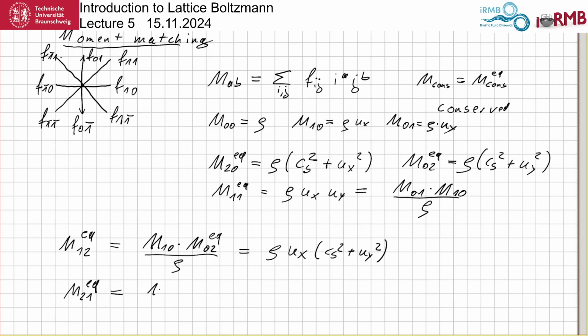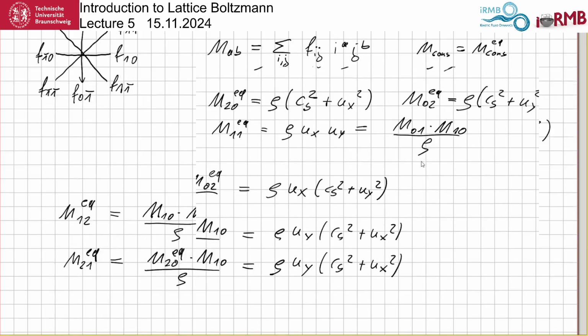Okay, so then obviously this looks like this, divided by rho. The advantage of this is that just by knowing that, you can immediately write these things down without doing these lengthy calculations. Uy times (cs squared plus ux squared), right?